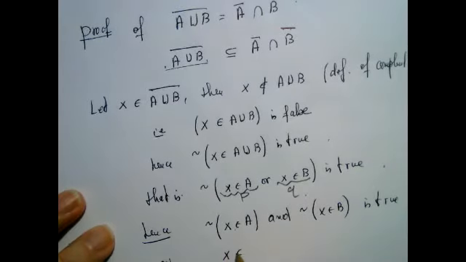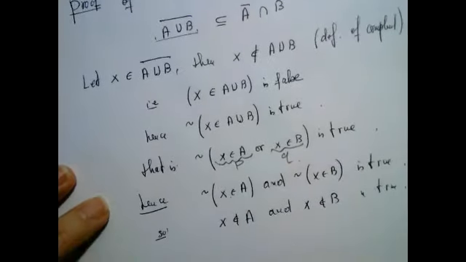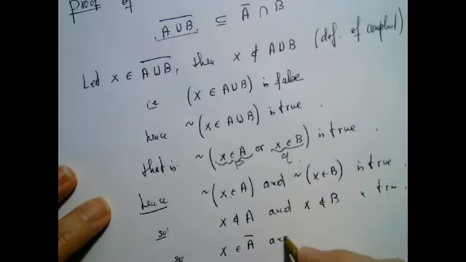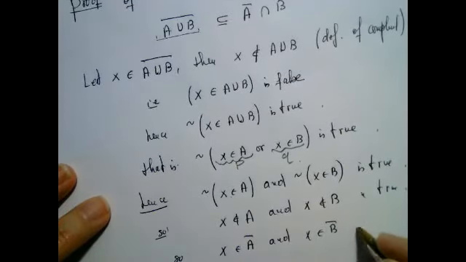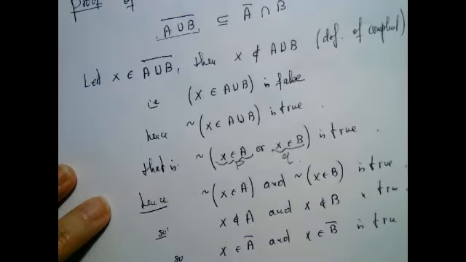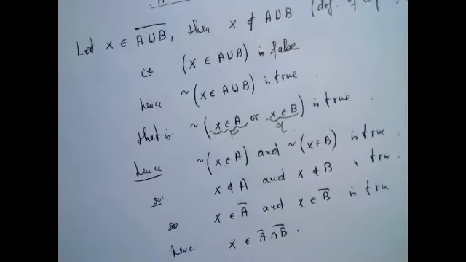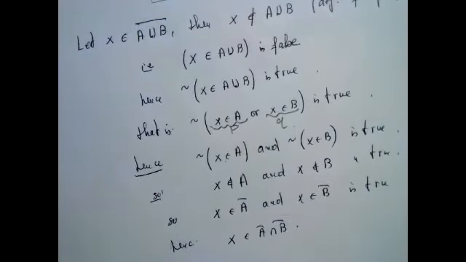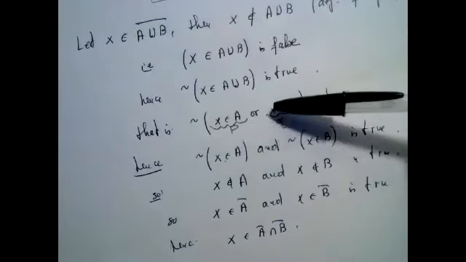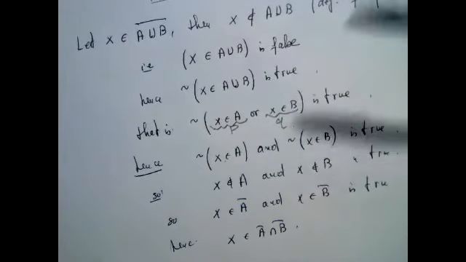It means X not in A and X not in B is a true statement. So X is in A complement and X in B complement is true. Hence, X is in A complement intersect B complement. It's a little bit different than everything else, but that's the only proof where I have to go this way because we need the rules of logic that negate the or into the and.